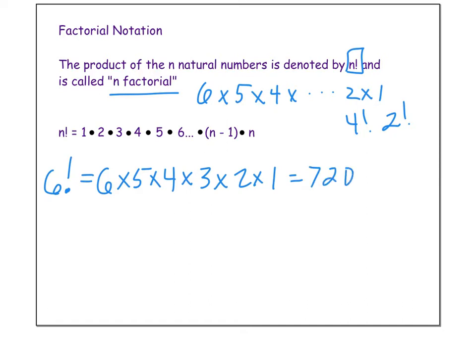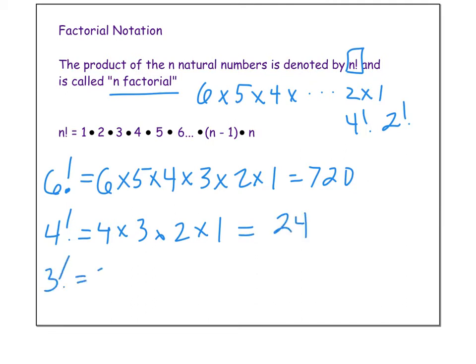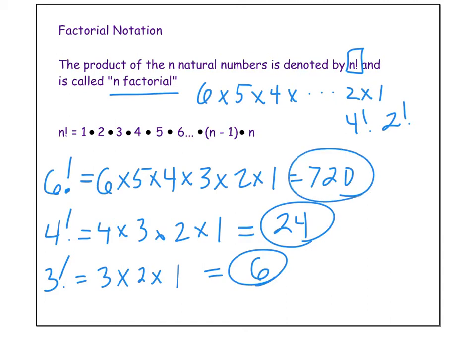That is 720. 4 factorial is 4 times 3 times 2 times 1, which is 24. You get the idea. 3 factorial, 3 times 2 times 1, which is equal to 6. Factorial notation is very important for what we are about to discuss.